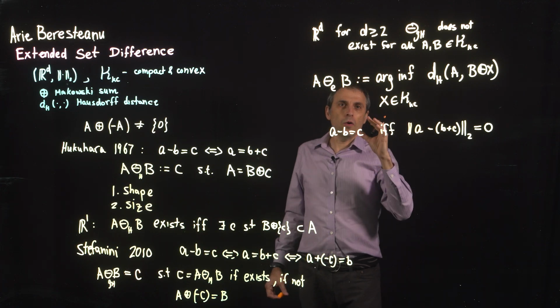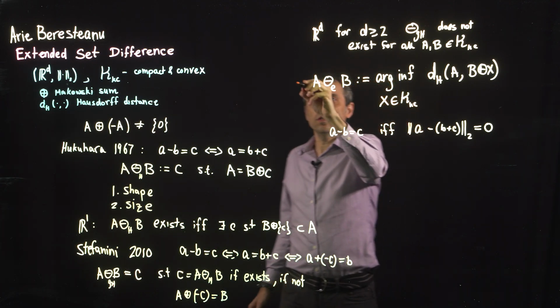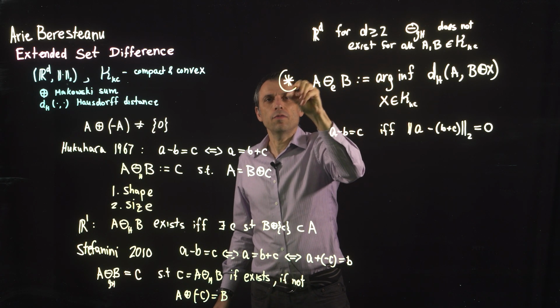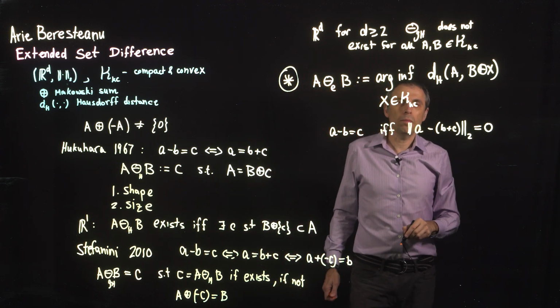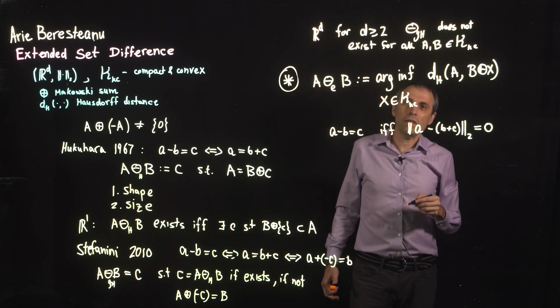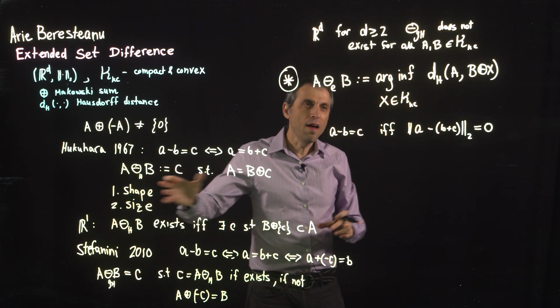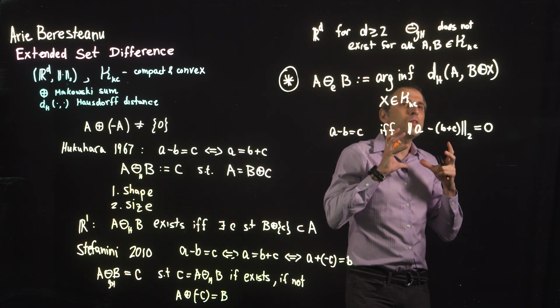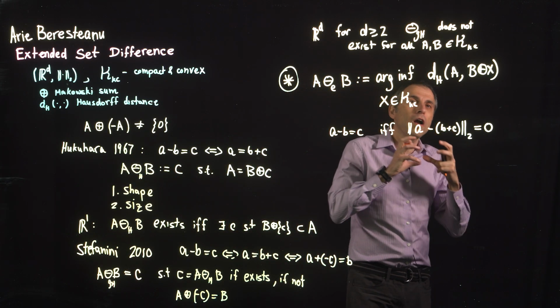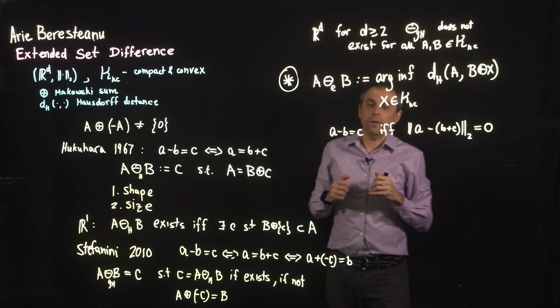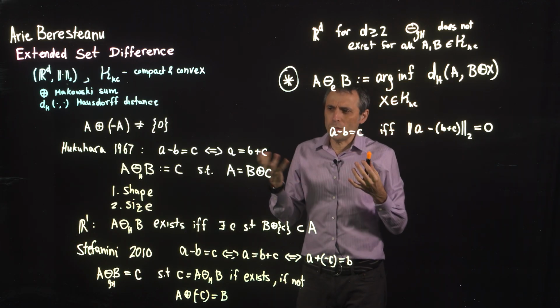So this definition here, which is new in our paper, says the following: instead of trying to pin down A exactly, find a set X that brings you, when you add it to B, the closest possible to A. And here is what will happen.